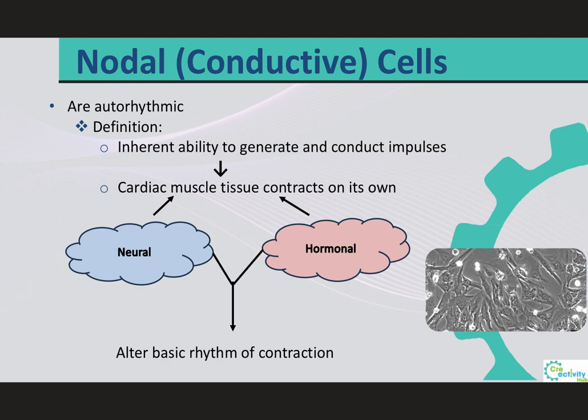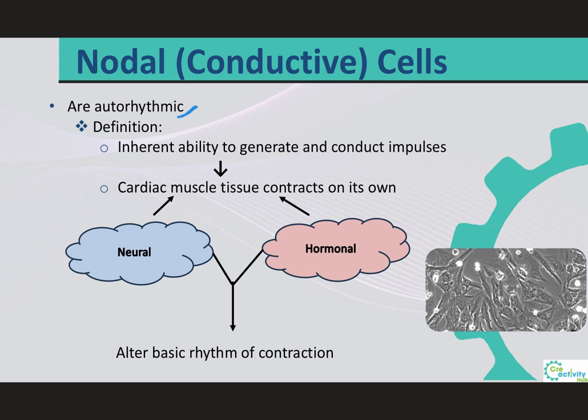Now, unlike skeletal muscles, the cardiac muscle tissue will contract on its own, even in the absence of neural or hormonal stimulation. This inherent ability to generate and conduct impulses is called autorhythmicity.